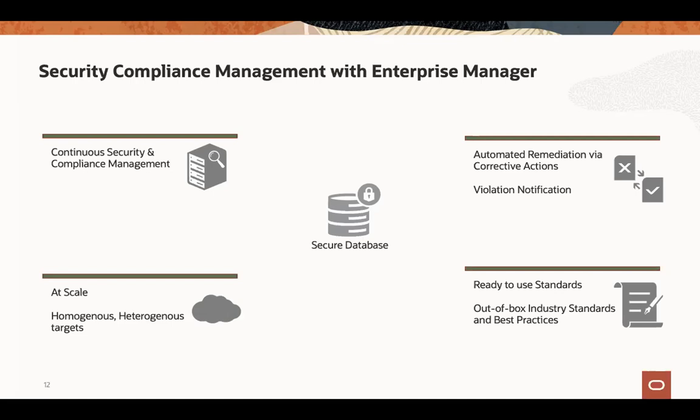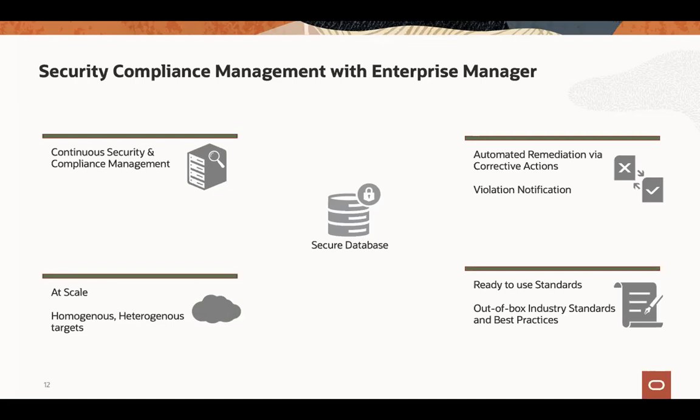If there are issues with fine-grained access control, auditing policies or database configurations, Enterprise Manager triggers a violation, which generates an event, and a notification is sent out to the database administrators. In case of violations, Enterprise Manager provides an interface to define remediation steps.